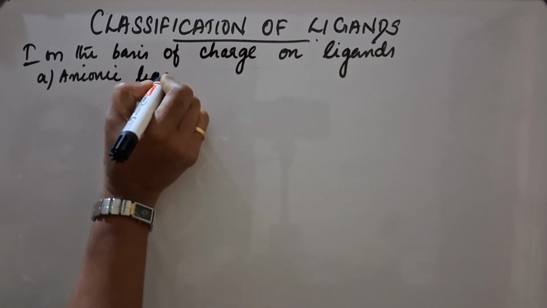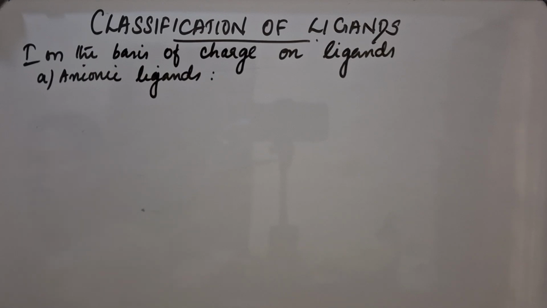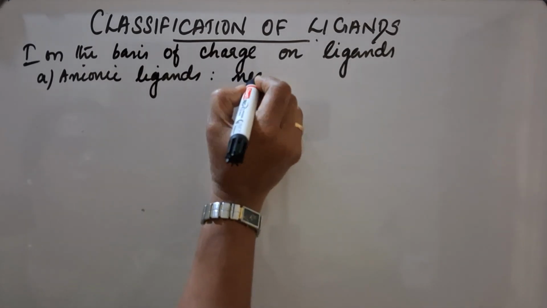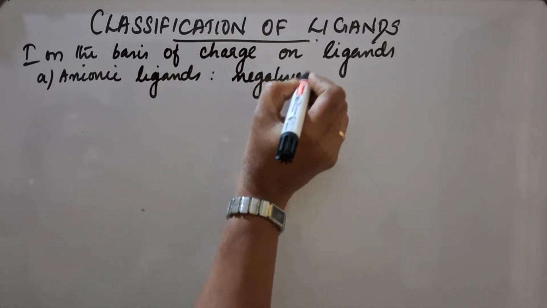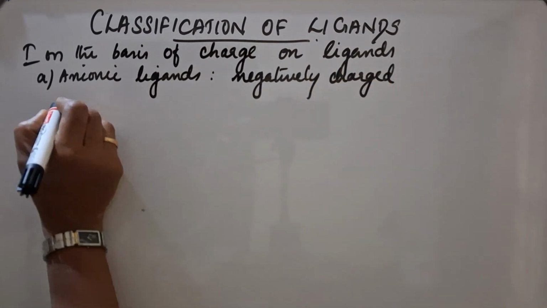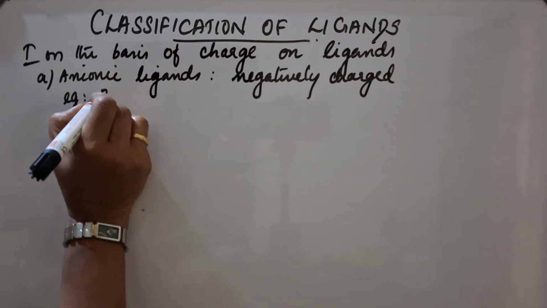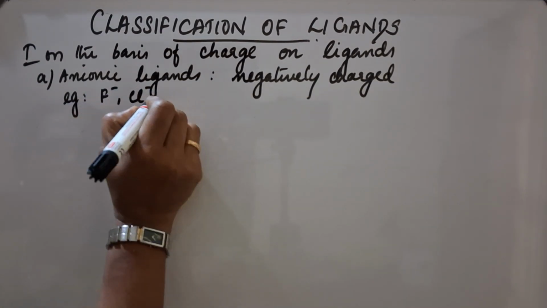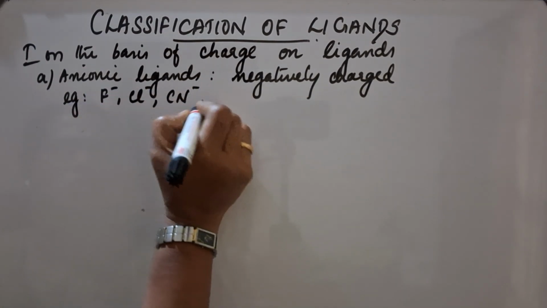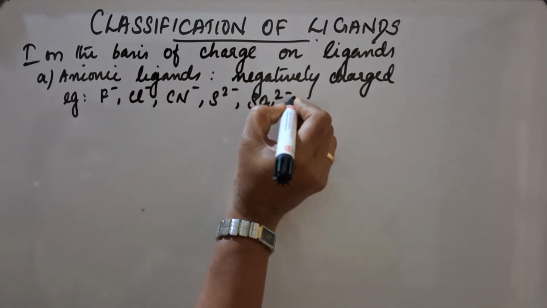Anionic ligands are negatively charged. Examples of anionic ligands are F minus, Cl minus, CN minus, S2 minus, SO4 2 minus, etc.